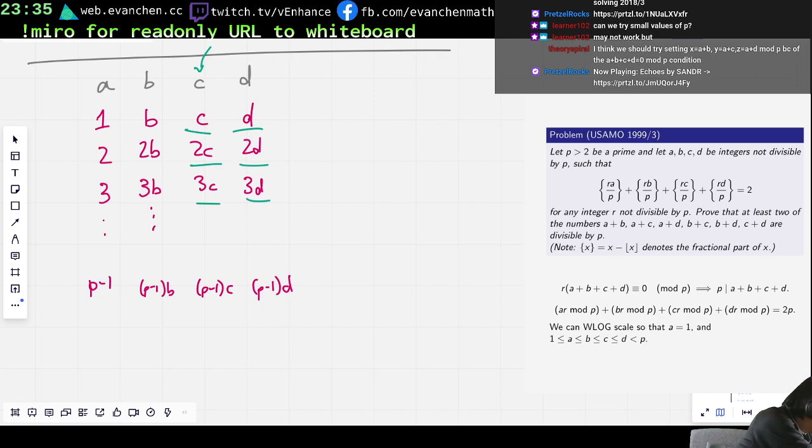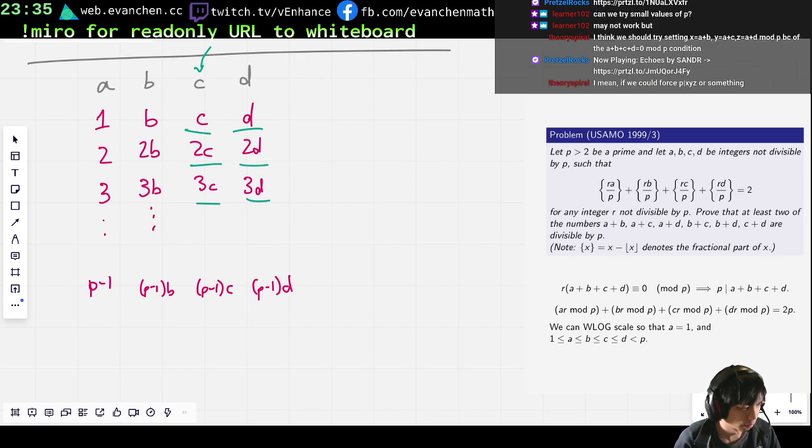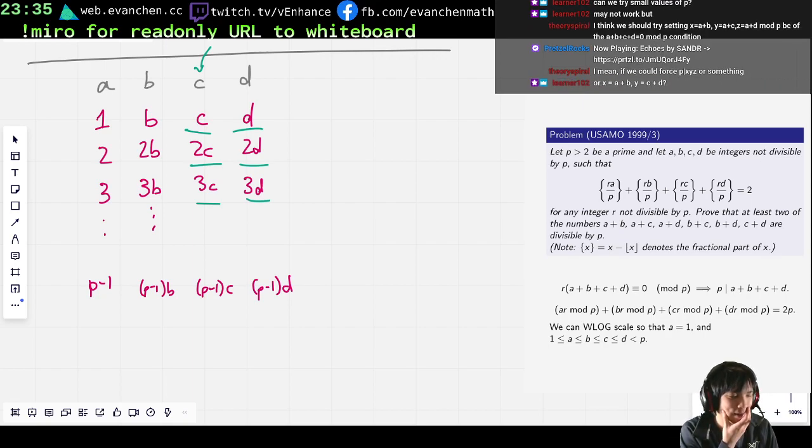Just because the condition says that, we could force p divides xyz or something. I don't believe that. I feel like the reason the problem talks about a plus b is because the extraction is that a equals minus c and b equals minus d, and that's why this is happening.